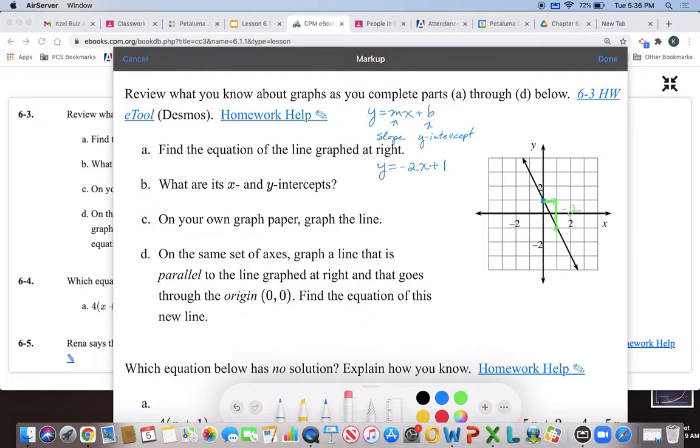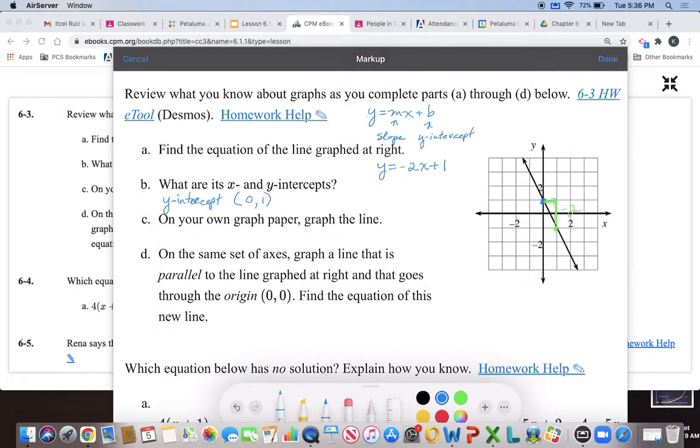All right, so next, what are its x and y intercepts? We know what the y-intercept is. That's right here. So we can just write the y-intercept, and I'm going to use a set of coordinates because it is a point on this set of axes. So the x is going to be 0, but the y-intercept is 1.